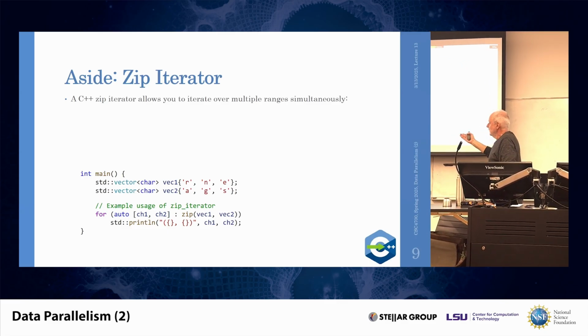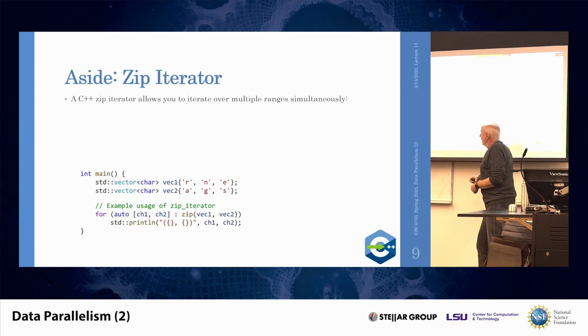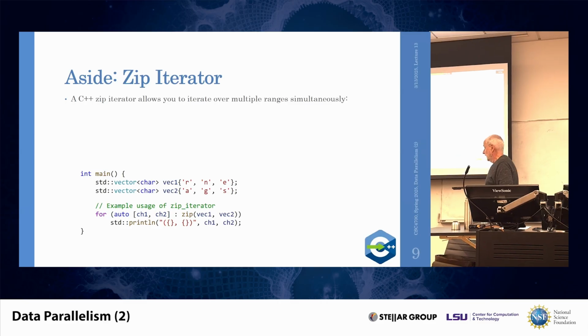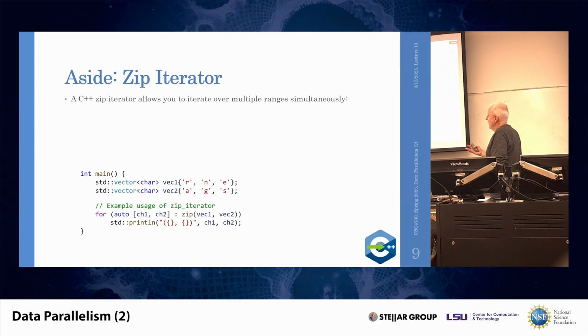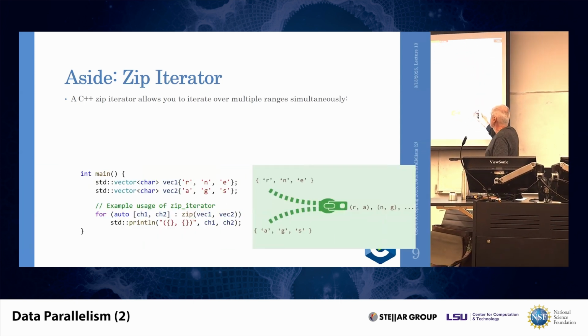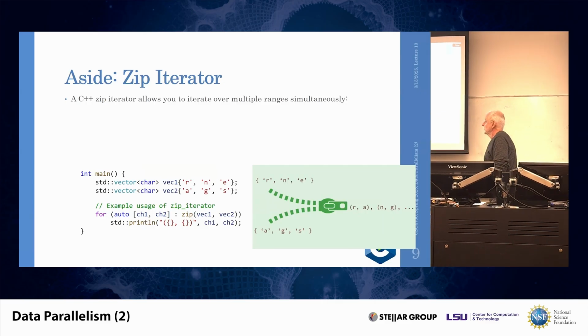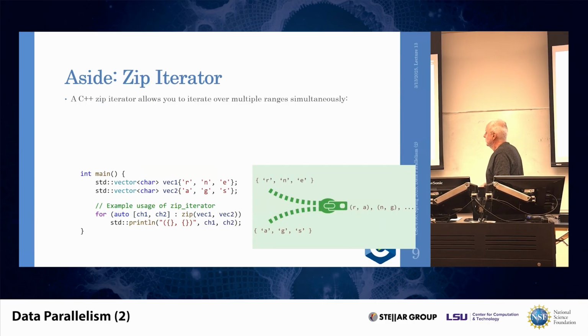And as you can see, each element of that sequence is now a tuple, which we can explode into 2 separate elements by using structured bindings. So in the end, you have two sequences, and you zip them into one sequence where the resulting sequence consists of pairs, in this case, of the corresponding elements of the input sequences.